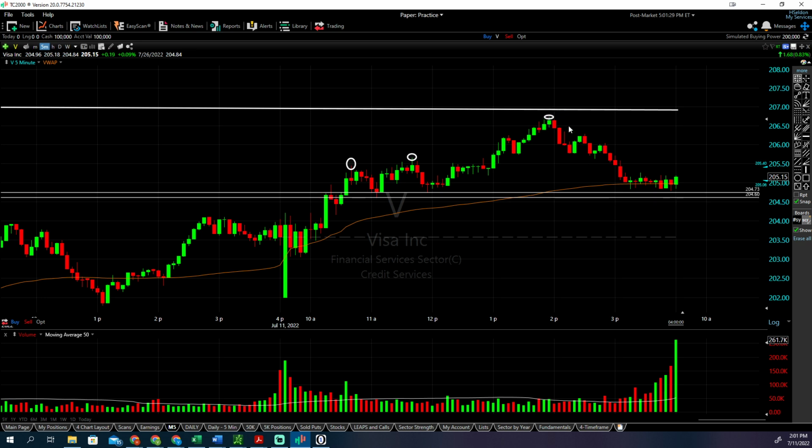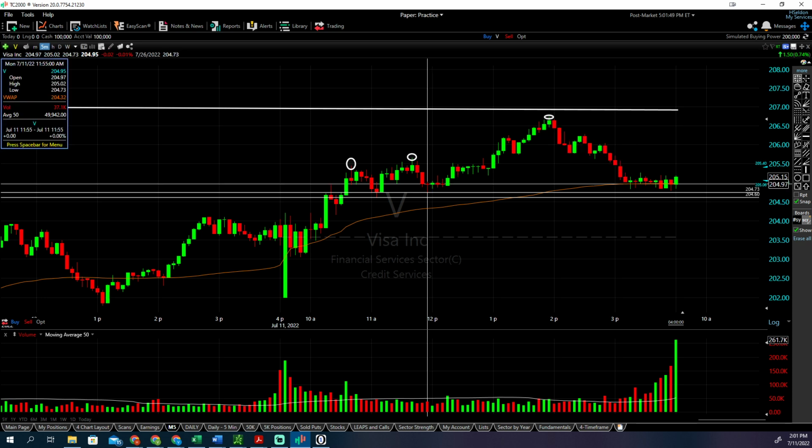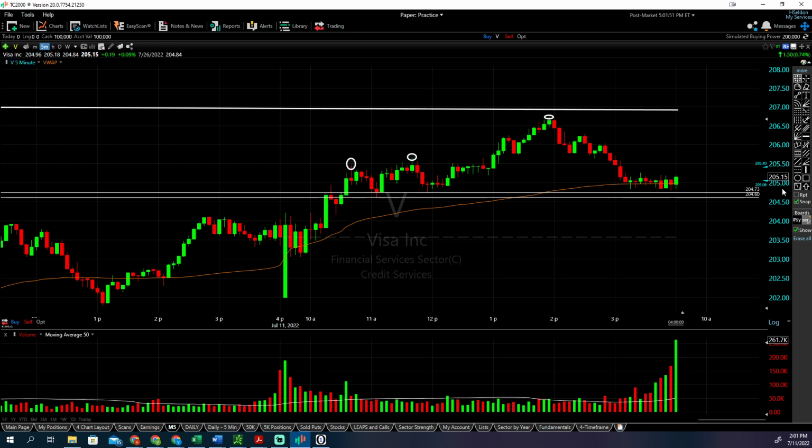And now you have a pullback, right? But the question is, is it a significant pullback? Notice it never gets below here, which was the last pullback line in the sand. So for this upward trend to stay intact, it has to stay above this line, which is at 204.73, and it ended at 205.15.